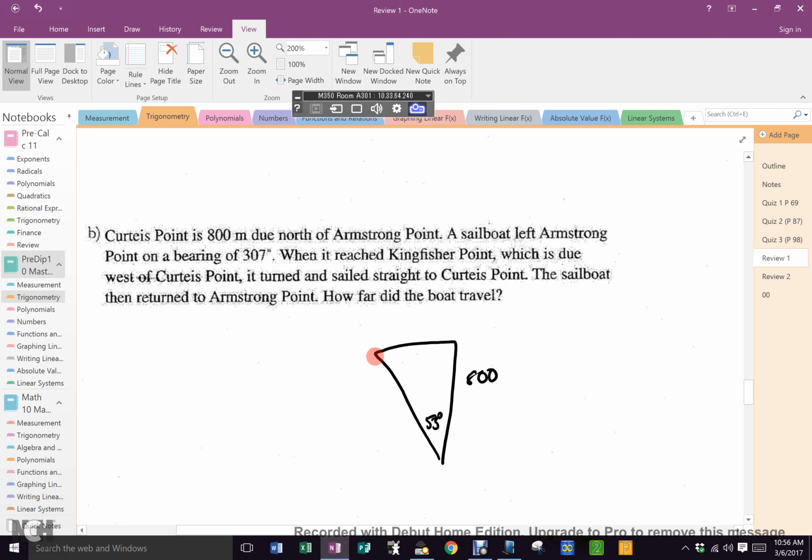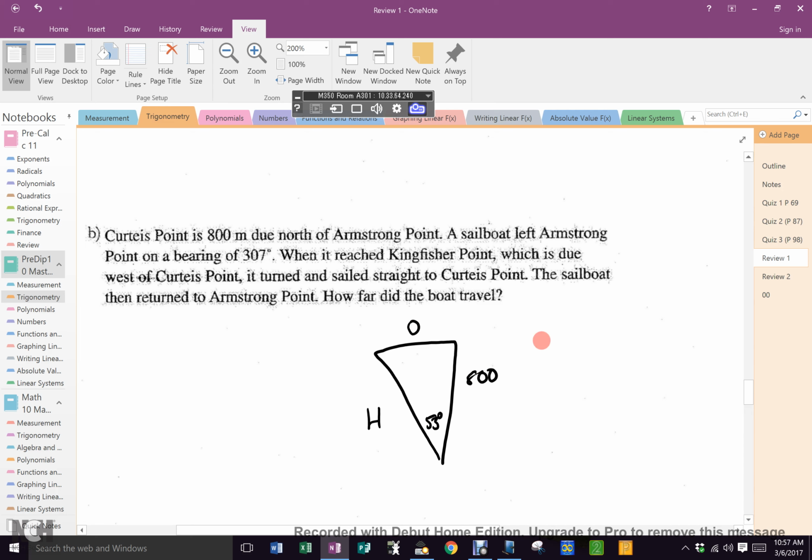So he sailed off here, right? He sailed off here. There's x. There's your hypotenuse. There's your opposite. Right? That's the drawing, because he sailed over to Kingfisher, then over to Curtis, then straight home. So you're going to have to use cos and tan is what I would use.